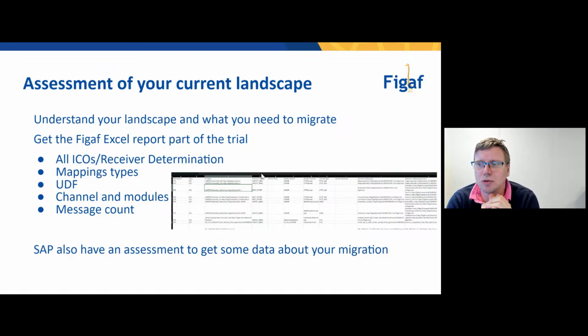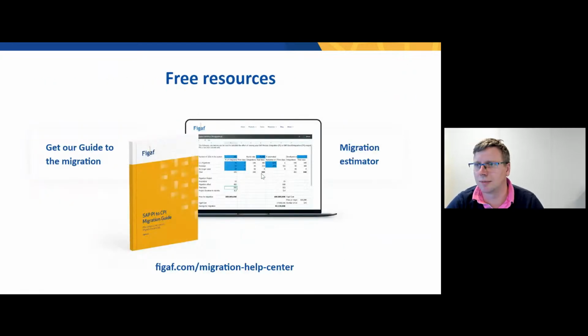The Neo to Cloud Foundry or Integration Suite migration, there are some blogs, and we also have created a blog. We will be sharing some more information in one of the coming weeks about how we can also simplify this. But I think we have a blog on the Figaf side to cover some of these aspects. We do have some free resources that you can get at the Figaf site about how to deal with these things.